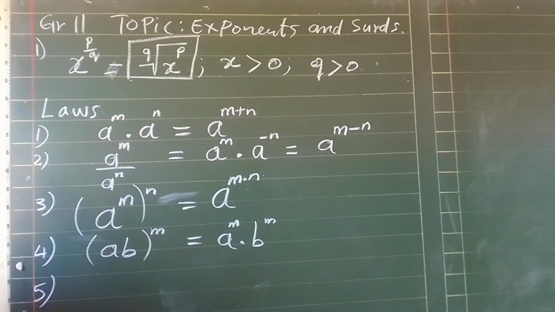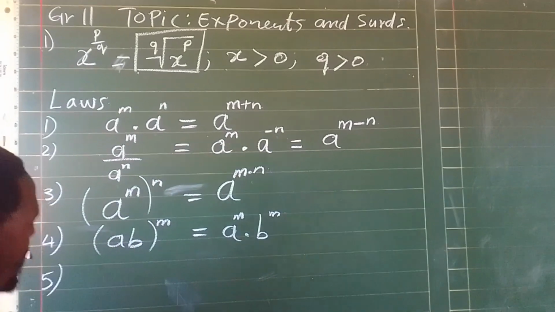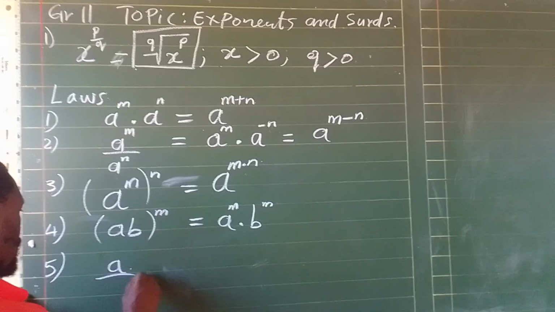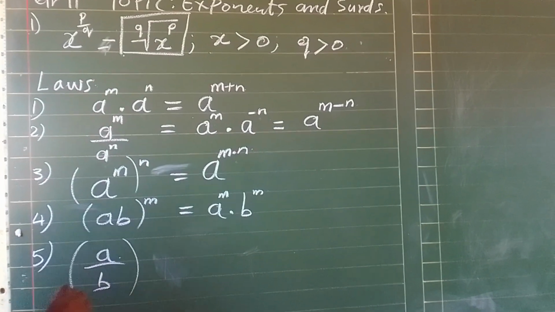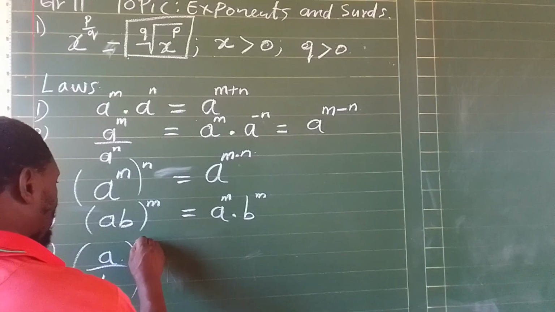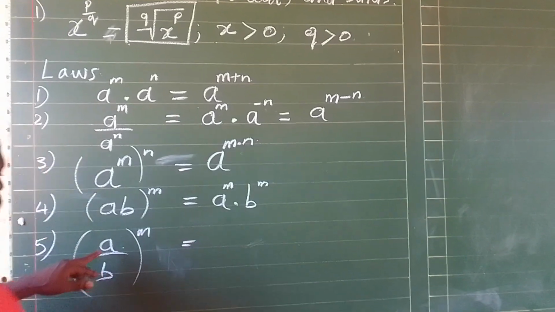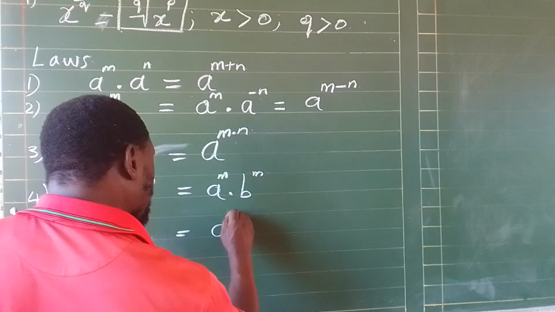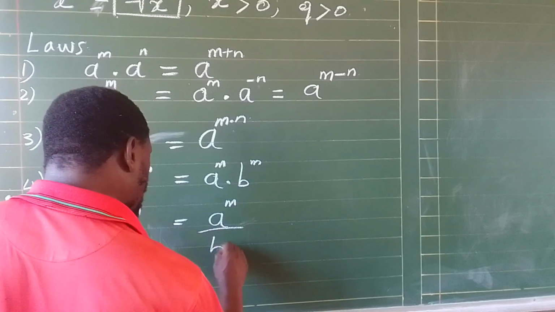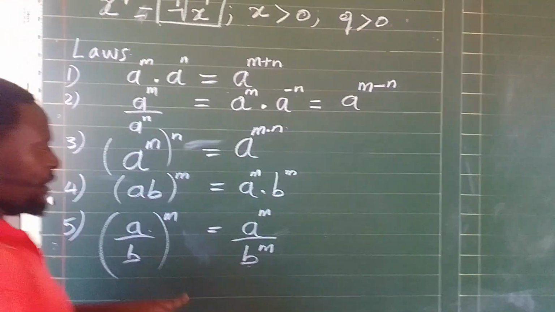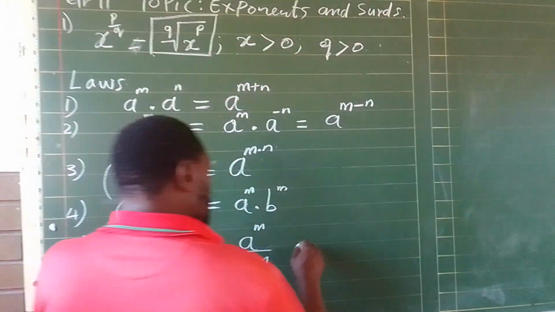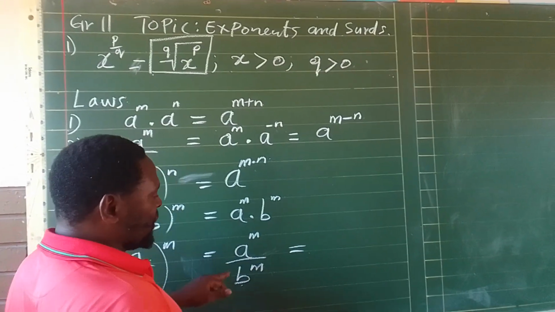Right, the last one is a over b all to the power m. In this case, you are going to say a to the power m divided by b to the power m. You are going to distribute this power m to the bases a and b.